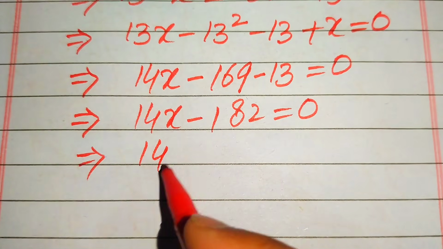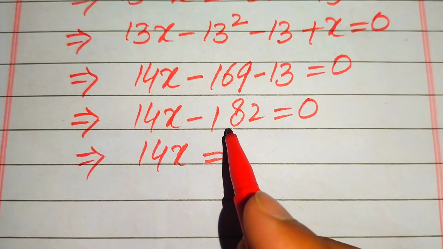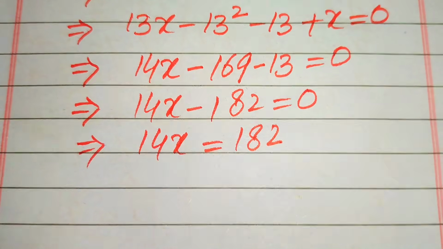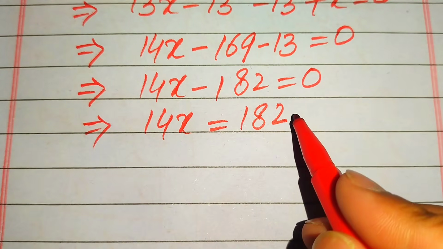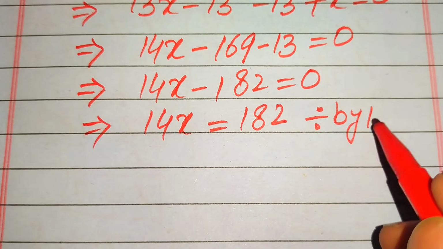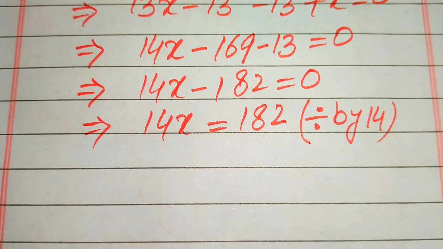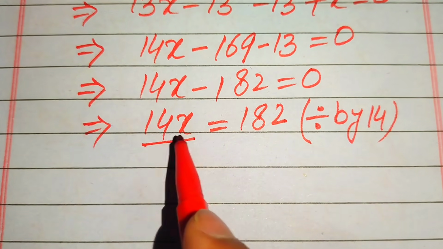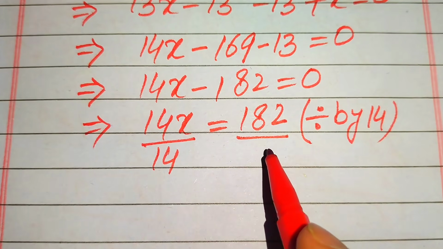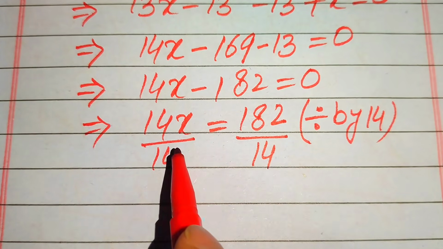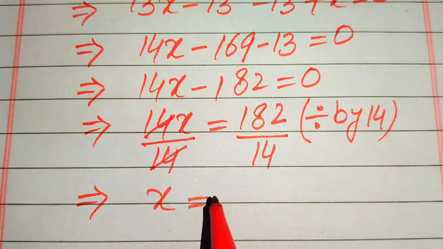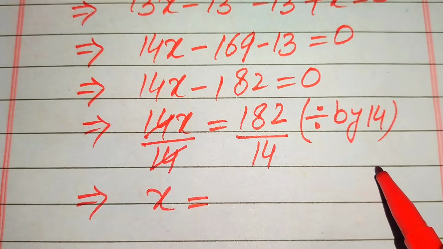Further we have 14x is equal to, we move minus 182 to the right-hand side and we get positive 182. Now in order to get the value of x, we need to divide both sides by 14. So 14x divided by 14 is equal to 182 divided by 14. So this 14 and this 14 are gone, and we get x is equal to 182 divided by 14.